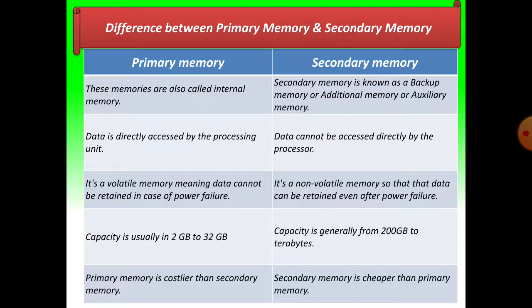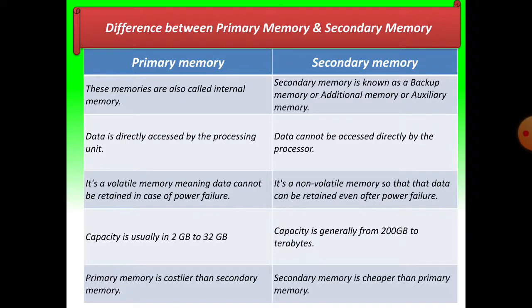Number 3, primary memory. It is a volatile memory, meaning data cannot be retained in case of power failure. And number 3, secondary memory. It is a non-volatile memory so the data can be retained even after power failure. Primary memory capacity is usually 2 GB to 32 GB.